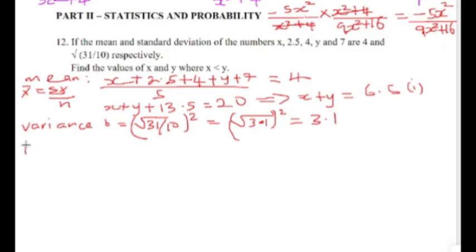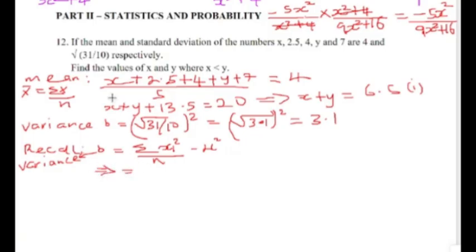Now we recall the formula for the variance. This is variance, let's not get confused. The formula for the variance is equal to the summation of x i squared divided by n, minus the mean squared. So this is what we need to set up here.